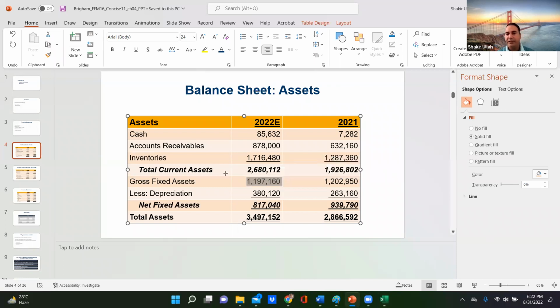So $1.2 million of gross fixed assets. That means we paid about $1.2 million to buy those assets. And now we don't know the details for this particular business. There might be a building, 2 buildings, cars and factory, whatever, but that is what we have in the accounting information. Then you remove the depreciation from the gross fixed asset.